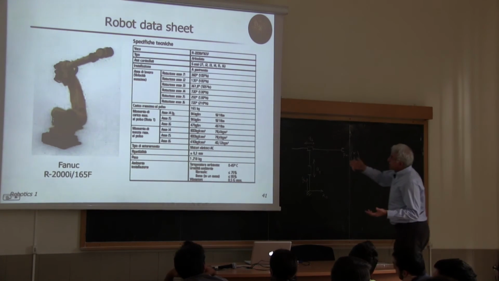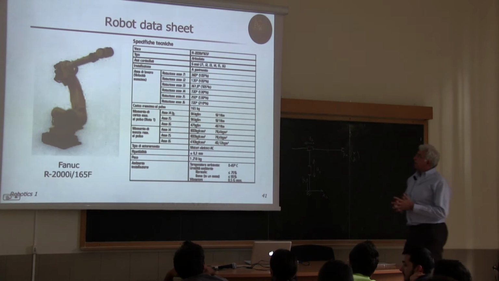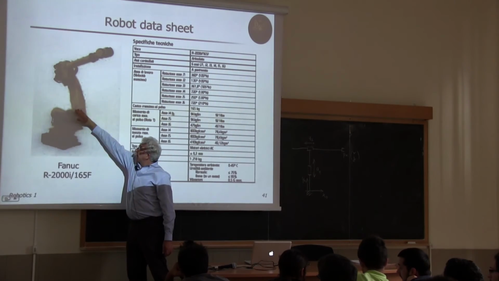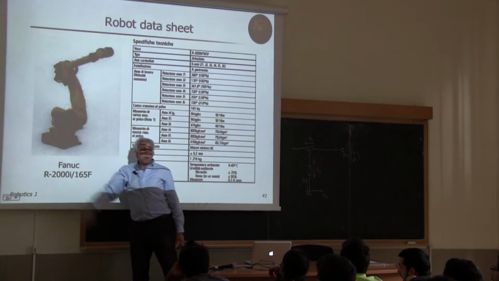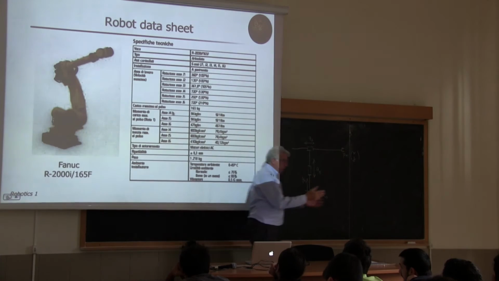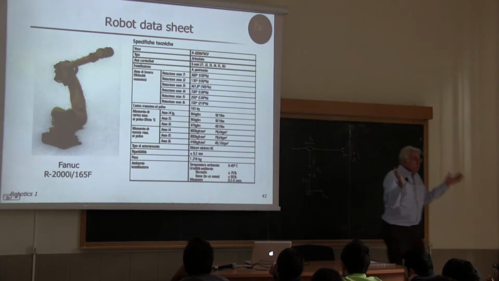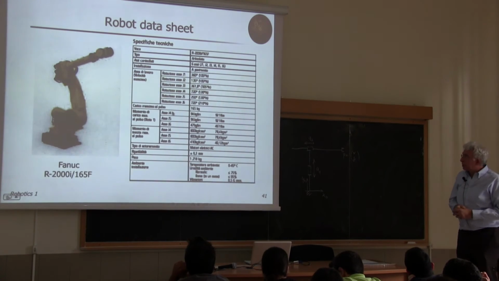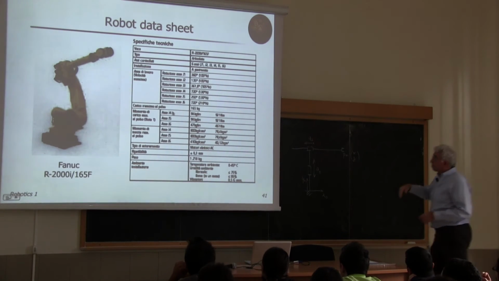While the other axes may be less or more. For instance, joint axis 2 has a joint range of 135 degrees. Joint 2 is the shoulder. So in this case, it's an axis which is horizontal here. And this can have a variation of maximum 135, because otherwise it will hit, or because this is the limitation of the transmission devices internal to the structure, and so on and so on.